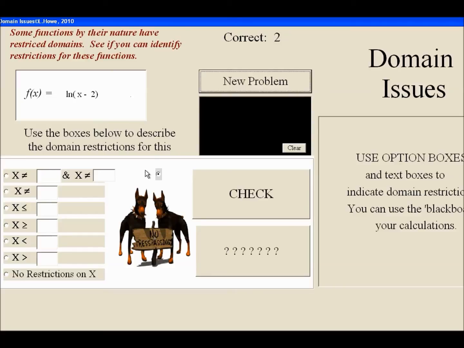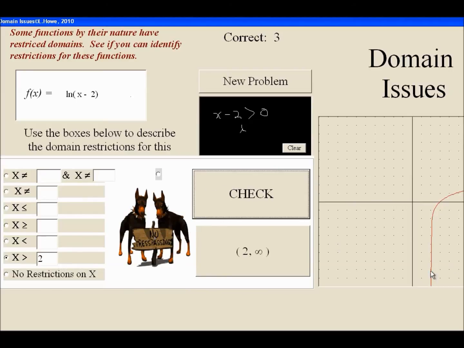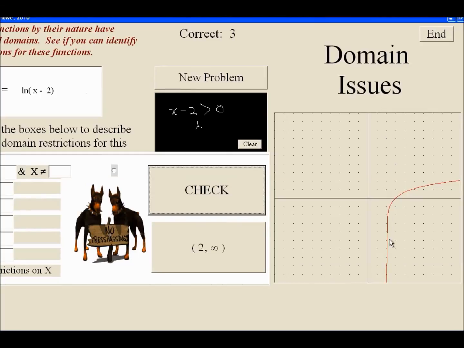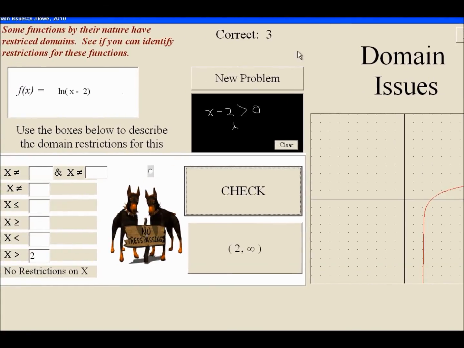So I'm going to have to say that this thing x minus 2 has to be greater than 0, which means x has to be greater than 2. Check, we win. And there's the log graph. Some of you may not have studied that, but that's what it looks like, and it's really asymptotic to 2 here. It never gets to 2.